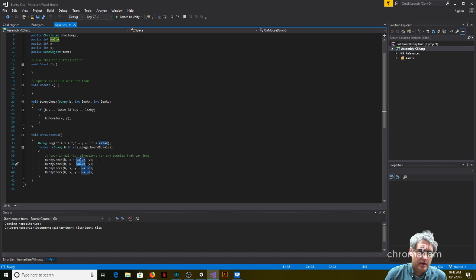So where should I check to see if there's a bunny in the way? How can I make this nice and flexible too? This is a little puzzle.